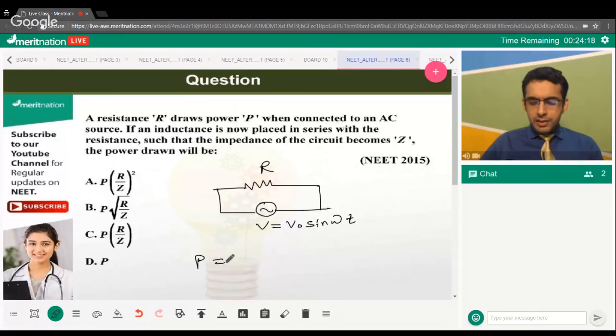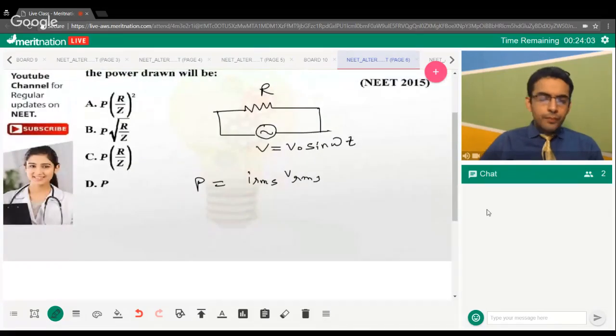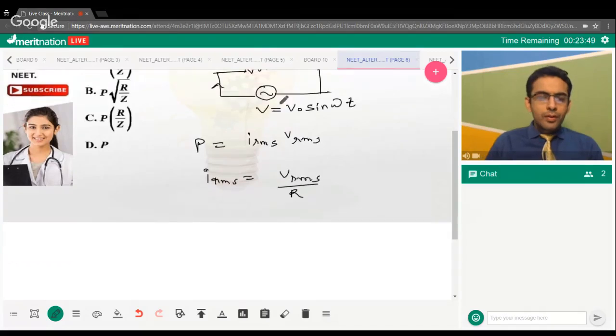The formula for power is VRMS times IRMS.